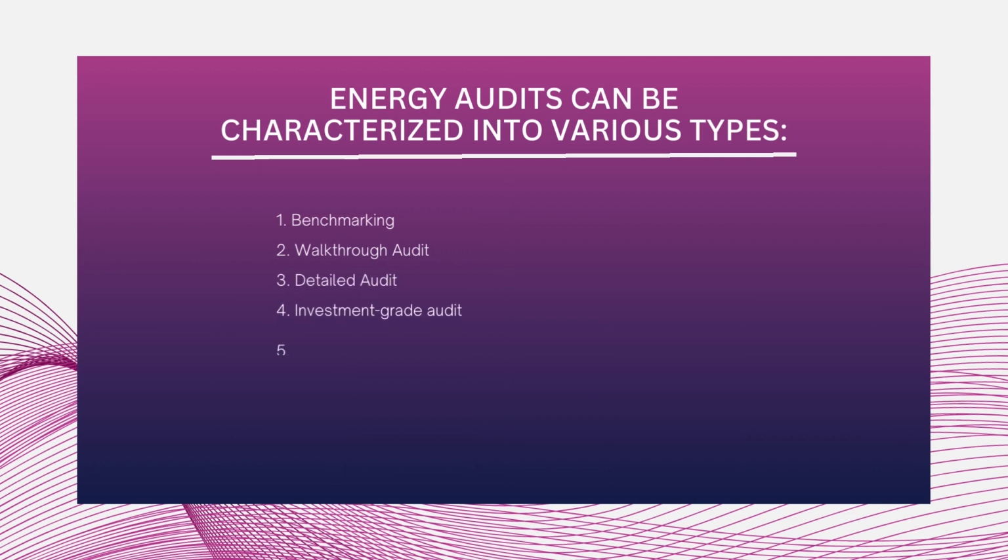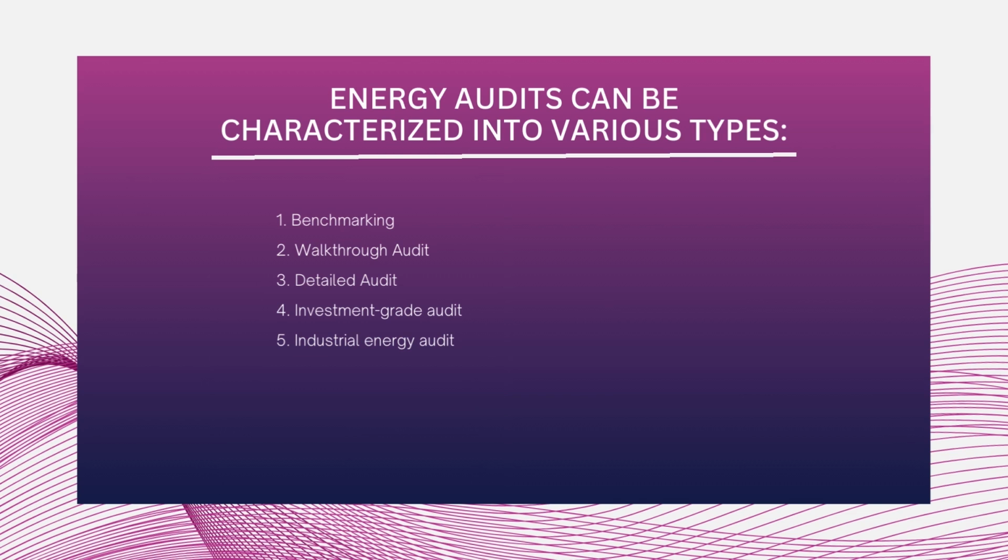Energy audits can be characterized into various types. They are benchmarking. Benchmarking is a way of discovering what is the best performance being achieved, whether in a particular company, by a competitor, or by an entirely different industry. This information can then be used to identify gaps in an organization's processes in order to achieve a competitive advantage.